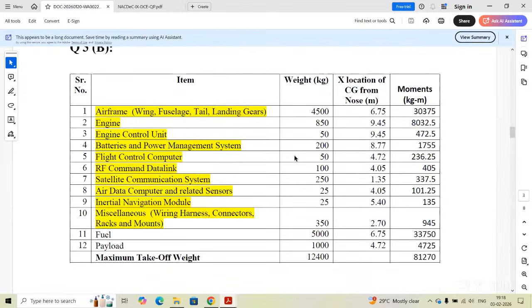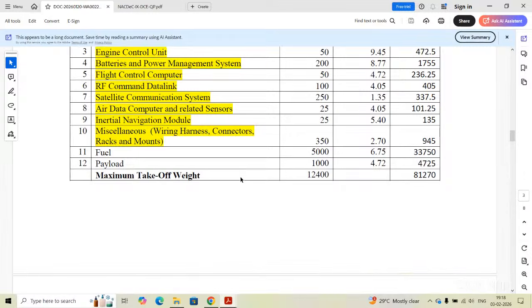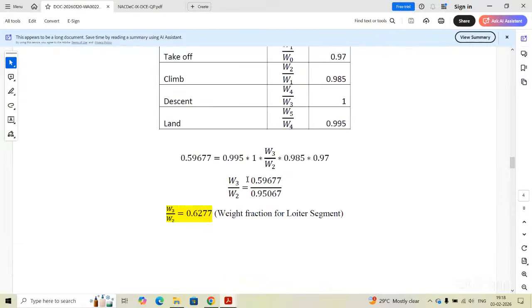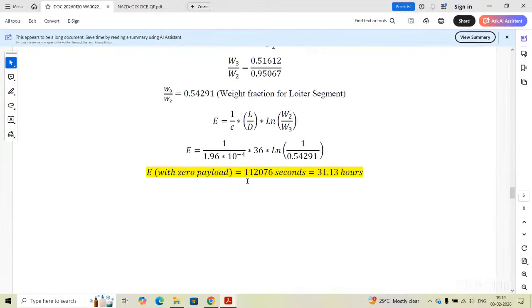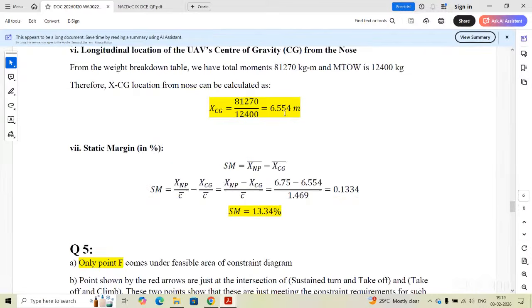All the moments have been generated here in kg into meter. The total moments will be this and the MTOW is this. So with this, we get the value of CG location in the longitudinal direction as 6.554.